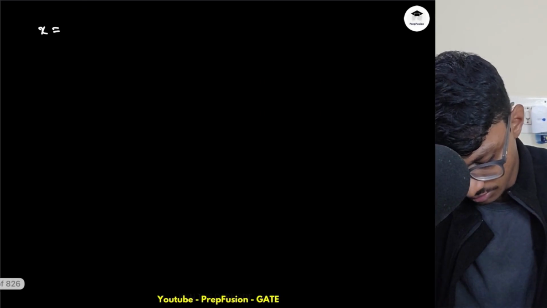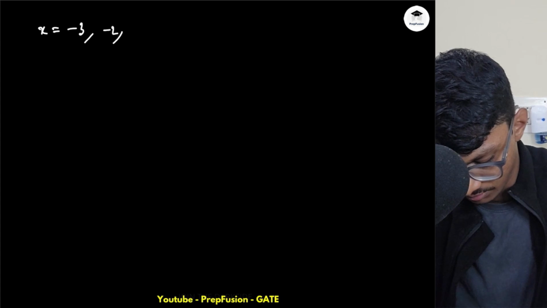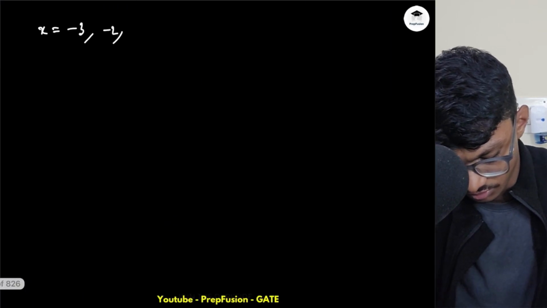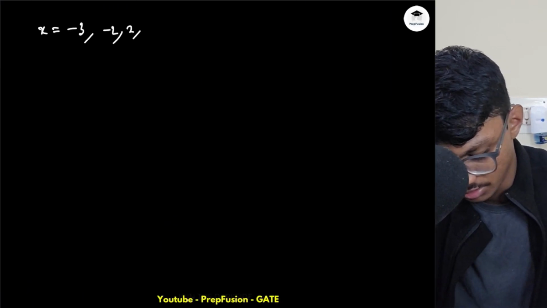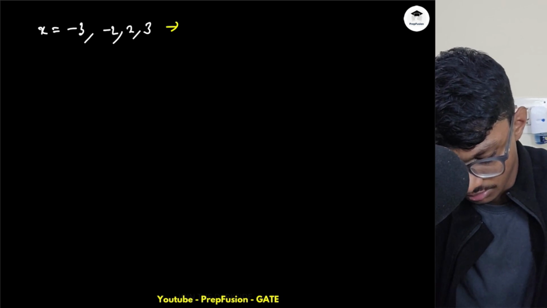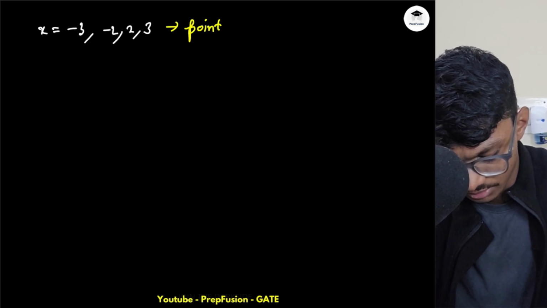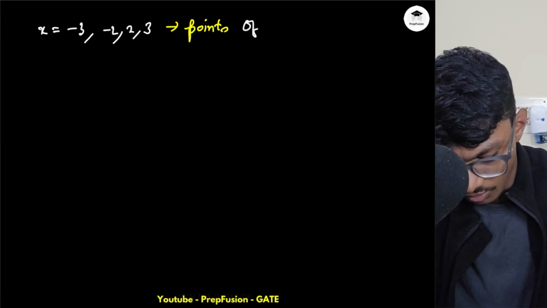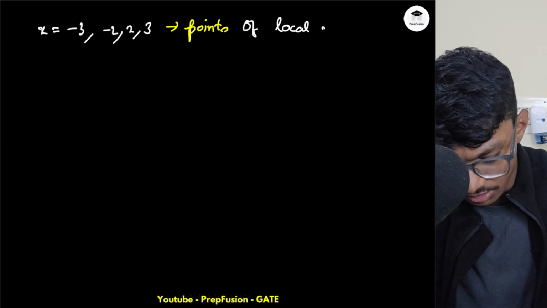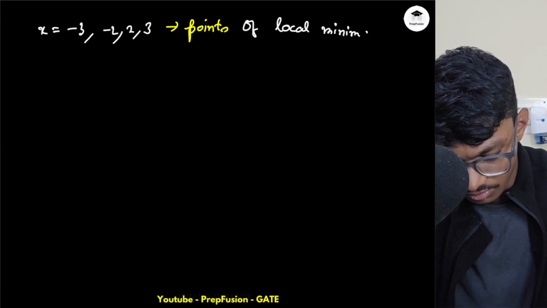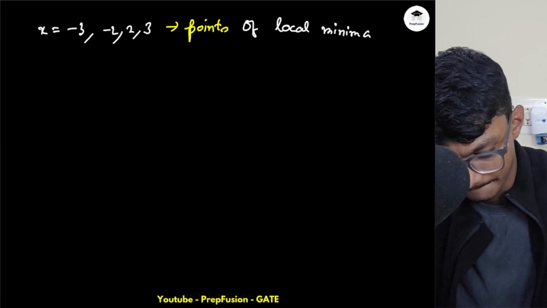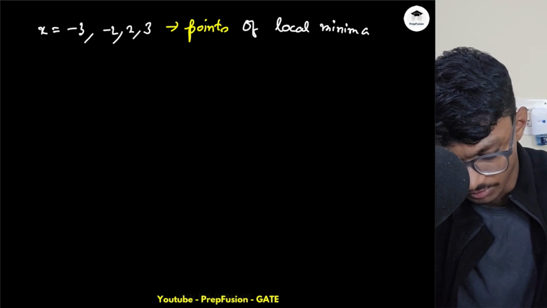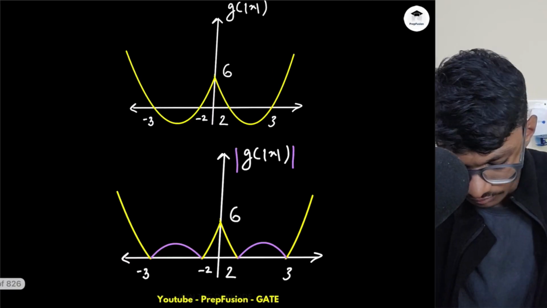X equals minus 3, minus 2, 2 and 3 are points of local minimum.